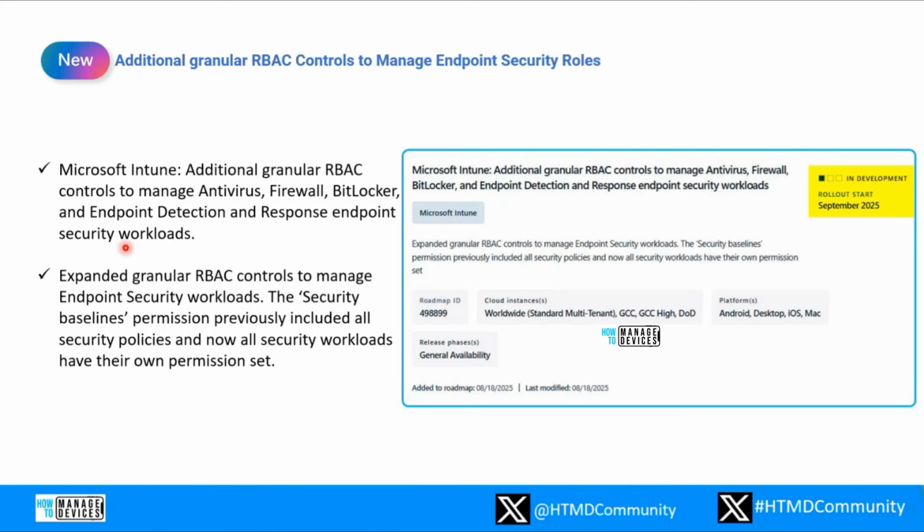So you will be able to manage it more with respect to your role-based access control. The general availability date is not yet clear, but the rollout will start next month.